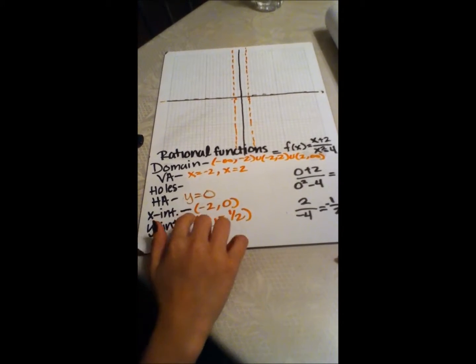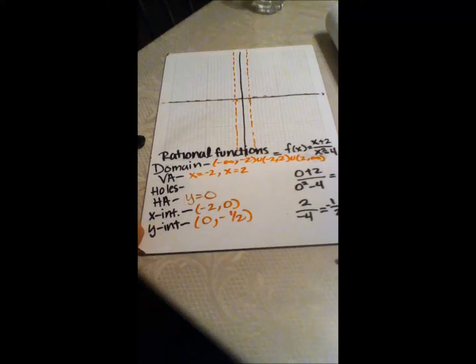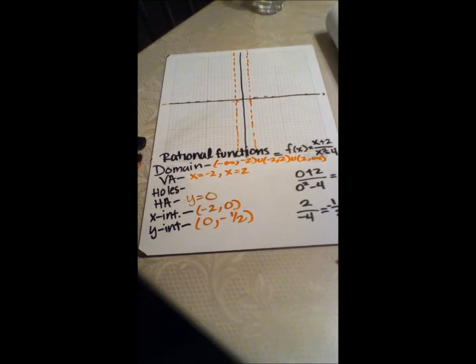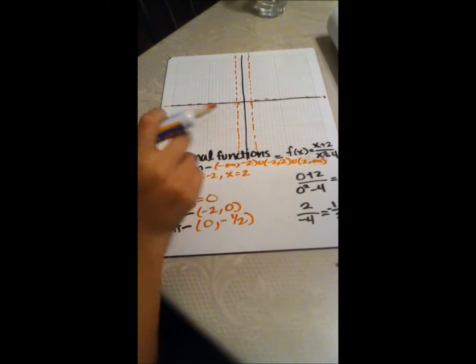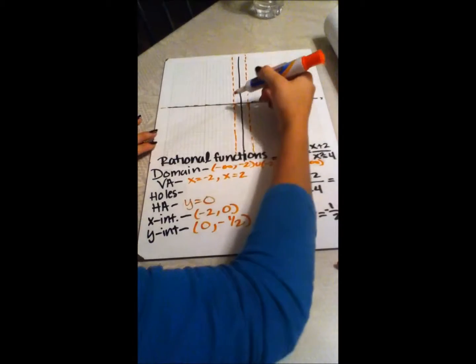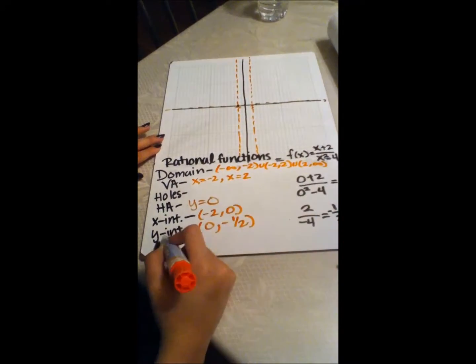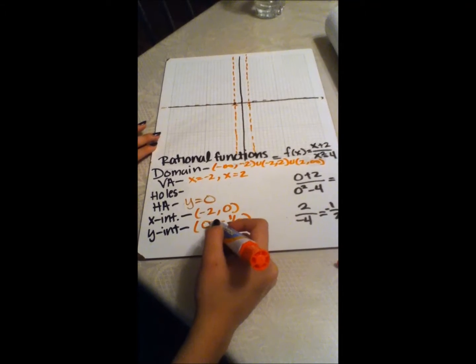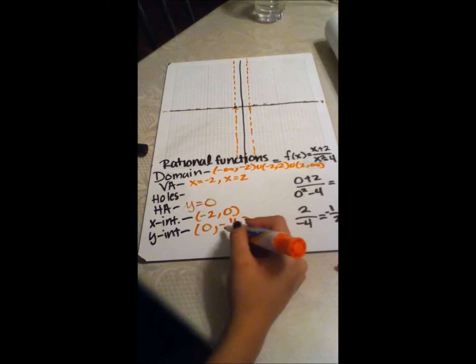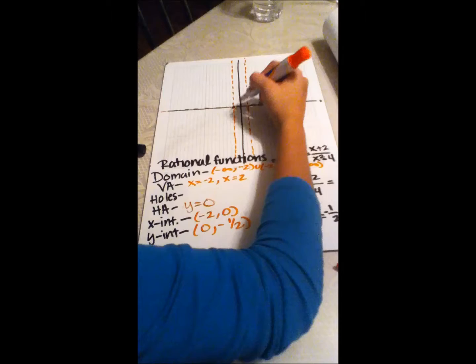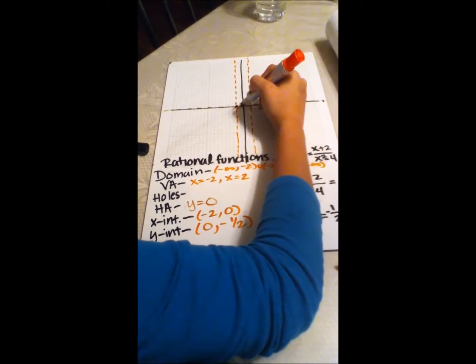And then our x-intercept is negative 2, 0, so that point is going to be there. And the y-intercept is 0, negative 1/2, so it will be in the middle right there.